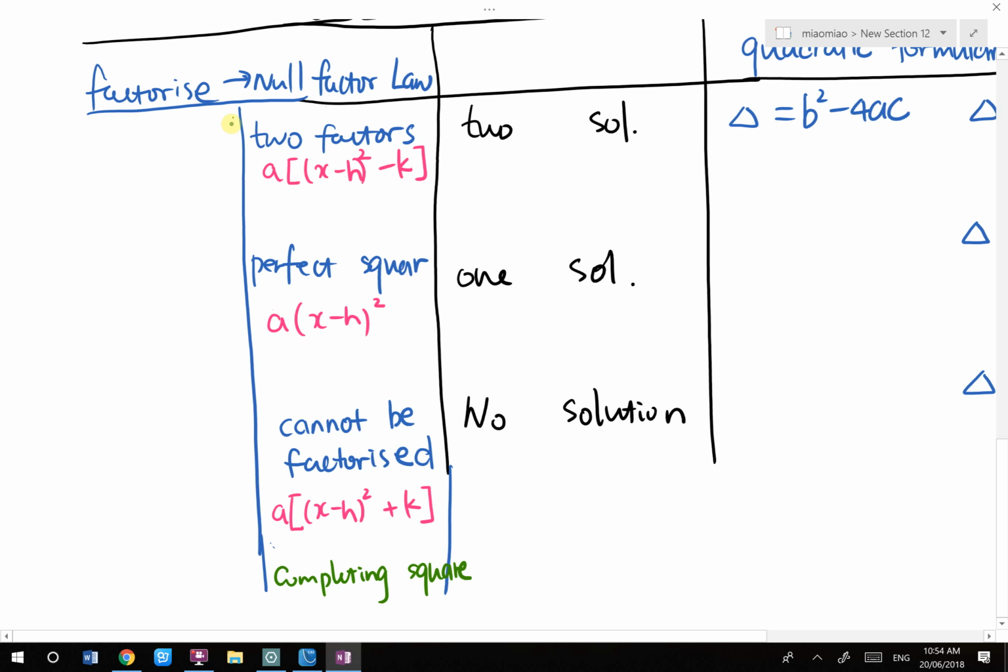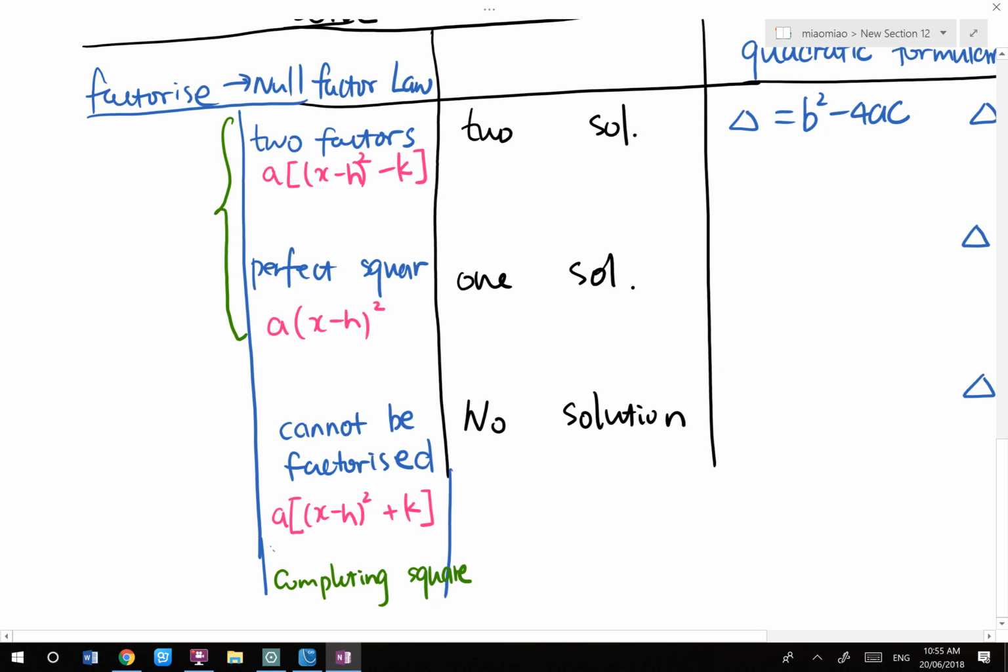And for those two, the perfect square and the two distinct factors, I can also factorize by the cross multiplication method.